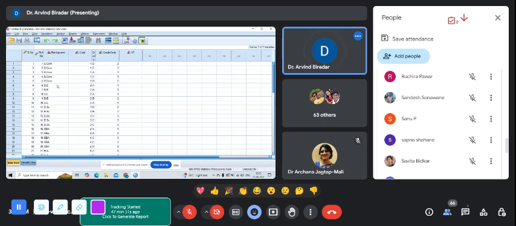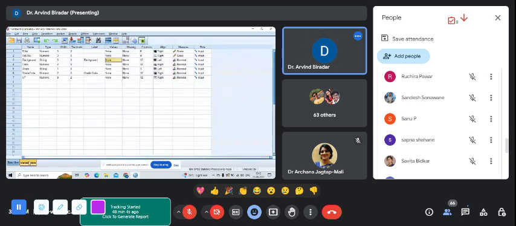For example, current mobile phones. I coded this one.